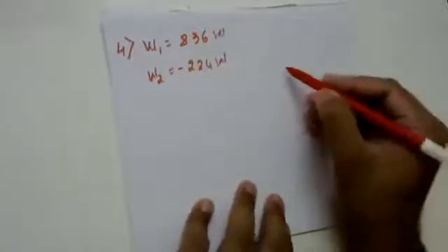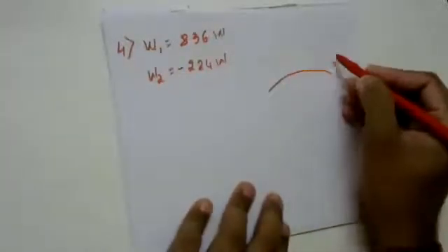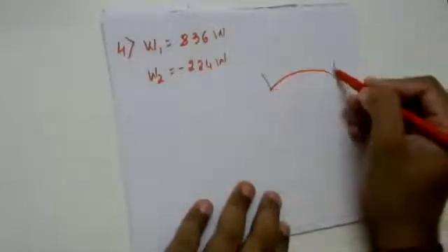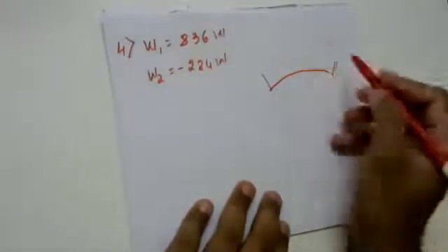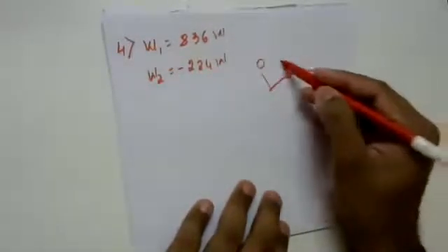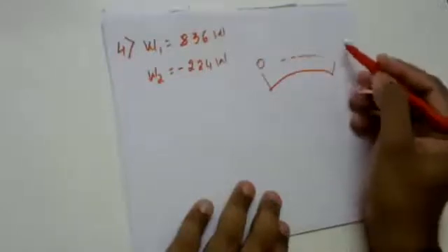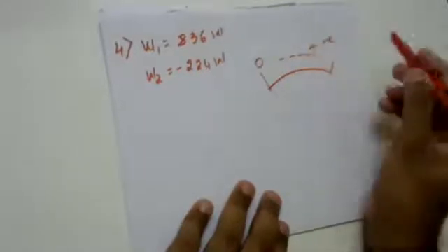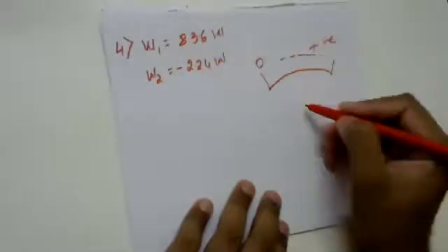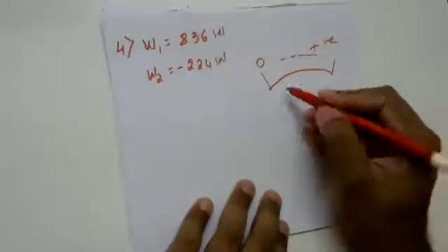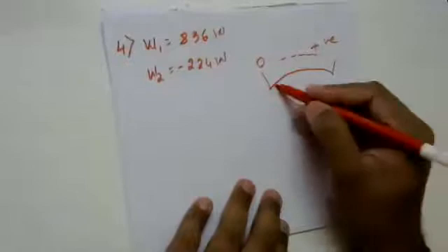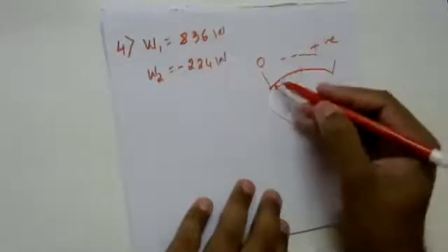Let me make you understand. This is your wattmeter, which has positive values on its meter, from 0 to some finite value. The pointer should read some positive values.